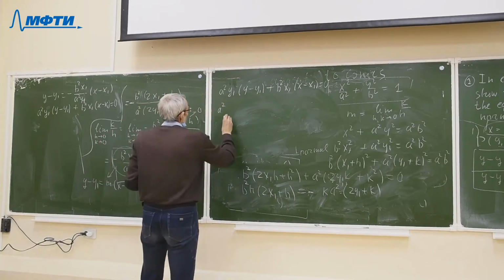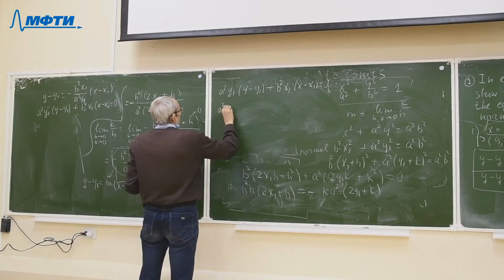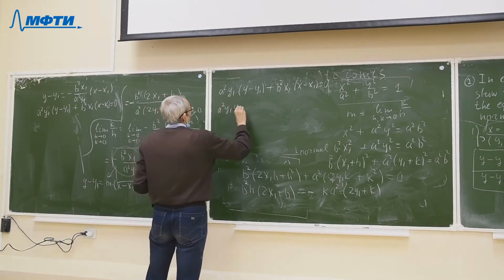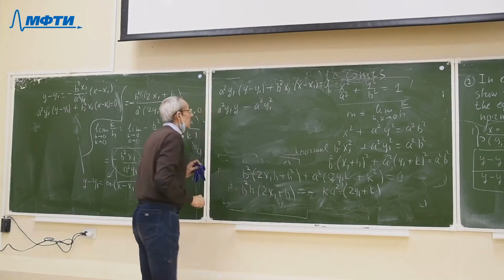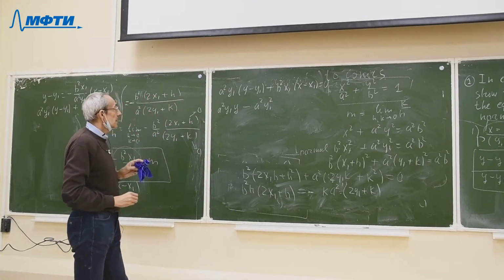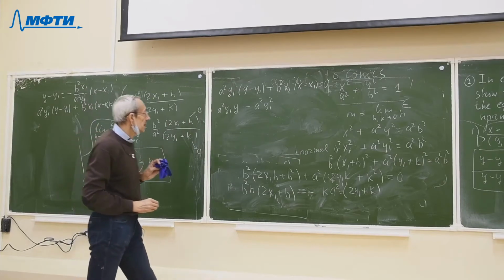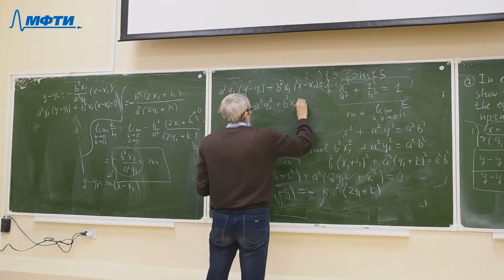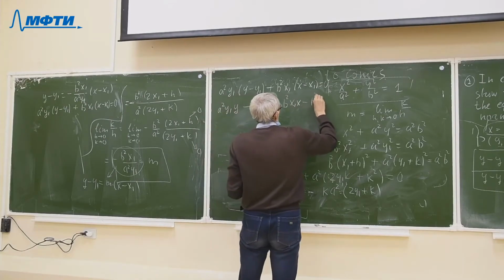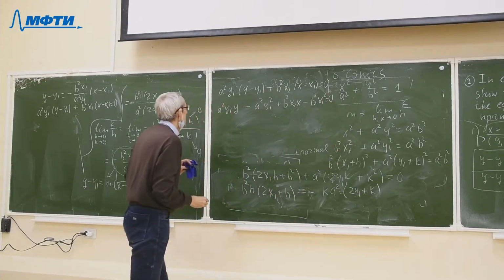And we obtain the following equality: a squared y1 y minus a squared y1 squared plus b squared x1 x minus b squared x1 squared.